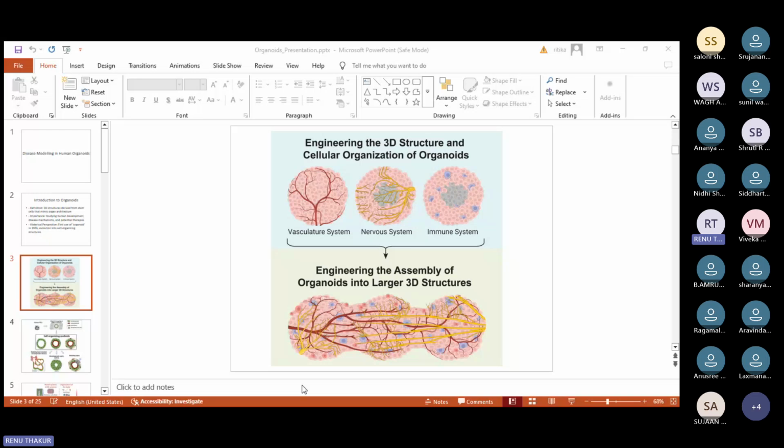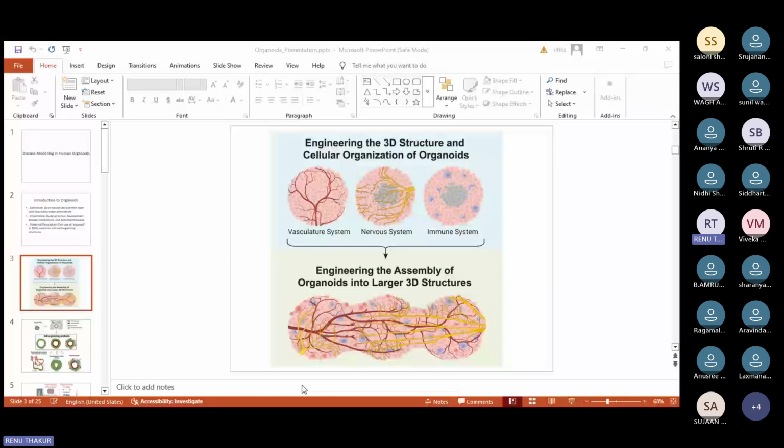So these are the organoids. Is it clear now? Yes, ma'am. Okay, for only one student or others also? Yes, ma'am. Okay. Thank you so much, ma'am.